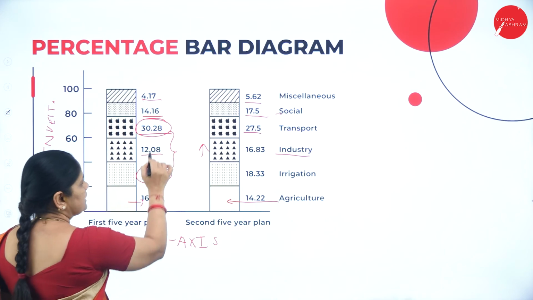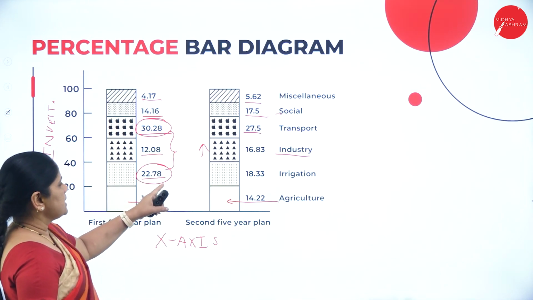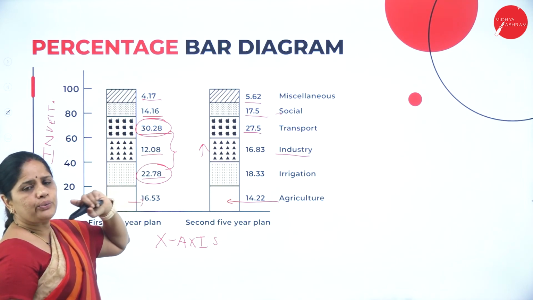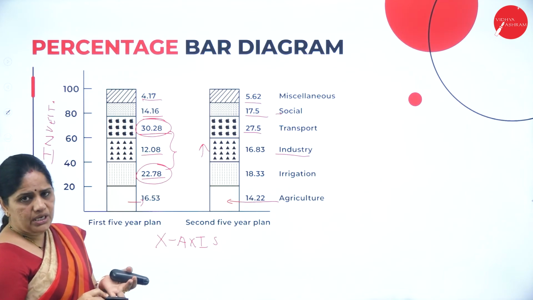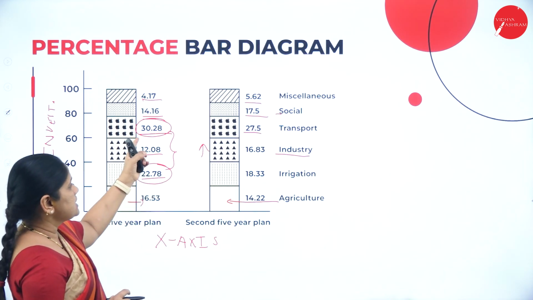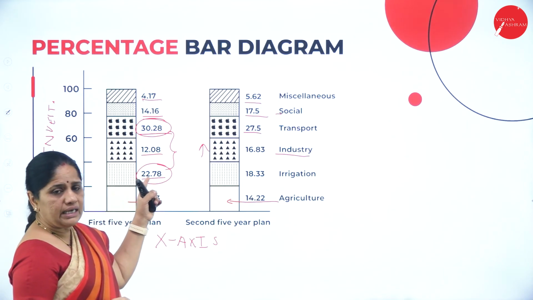Investment outlay for these two sectors has been maximum, that is 22.78 and 30.28. So, transportation, that is road transportation, rail transportation, water transportation, they have received the maximum investment in this plan in addition to irrigation.